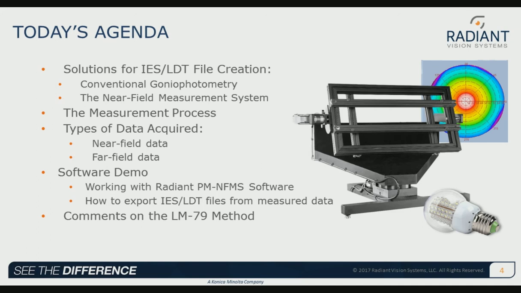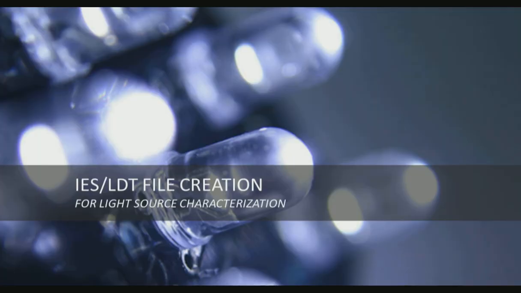What do we mean when we say near-field or far-field data? We're going to talk about that, and then I will do a quick demonstration within NFMS software, working within it to show you how to set a measurement up, as well as what the data looks like post-measurement and how to export an IES file from the measured data. Then we'll talk a bit about LM79 certification, and finally, we'll finish up with that Q&A session.